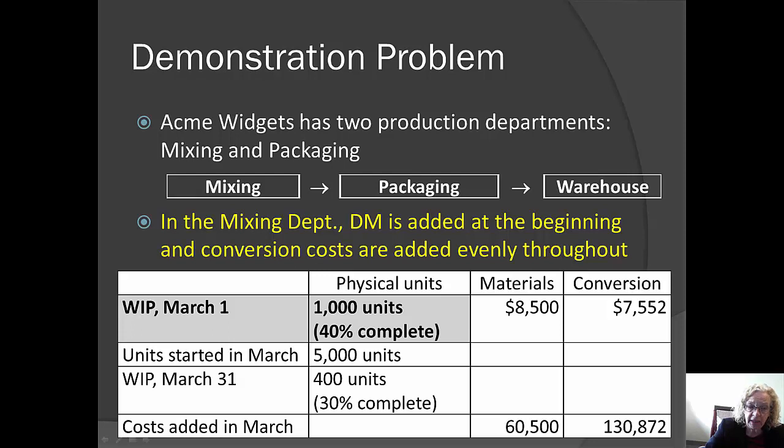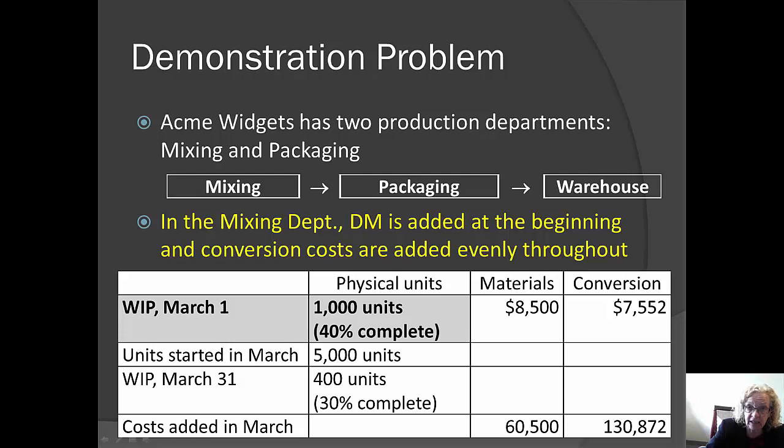We start out the period with a work in process beginning balance of 1,000 physical units. Those units, we're told, are 40% complete. 40% complete for what? Must be for conversion costs, because we know that this firm adds all of its materials at the beginning of the process.